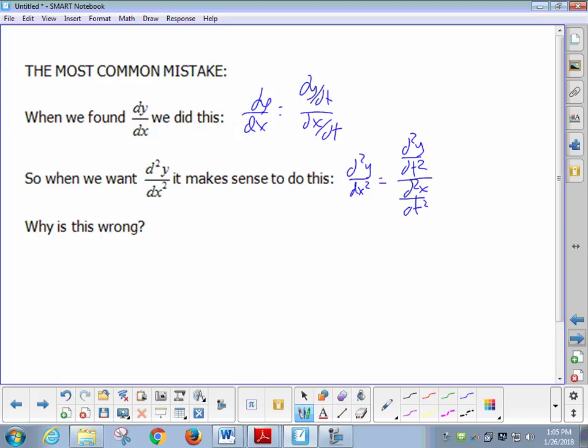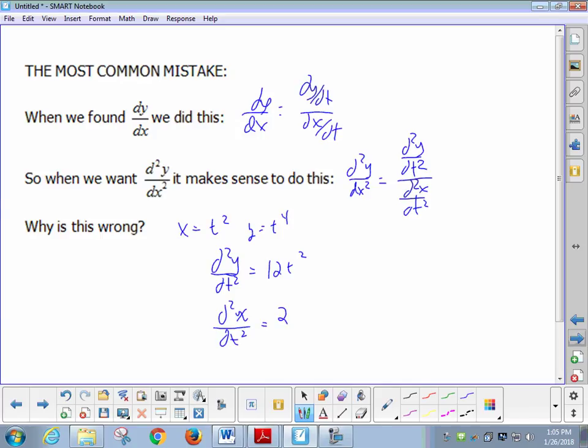Look at this case up here. If x equals t squared and y equals t to the fourth, then what is dy/dt? Actually, let's just go. Okay, what is the second derivative of y with respect to t? 12t squared. What's the second derivative of x with respect to t? 2.